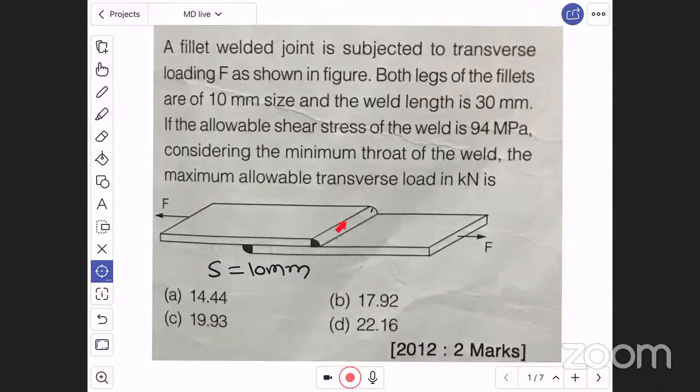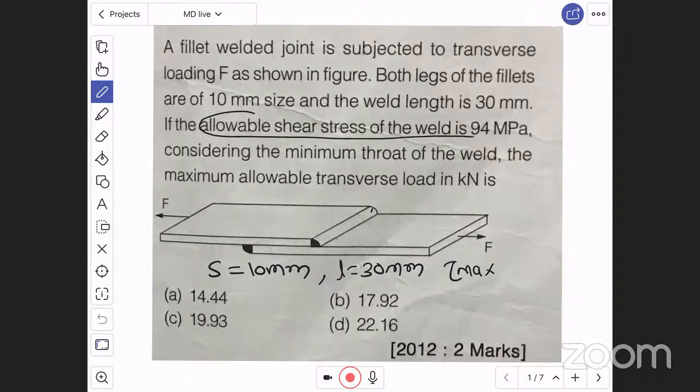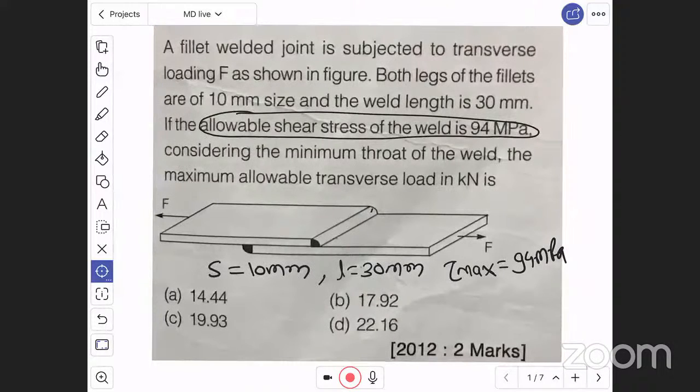Length of the weld means this plus this, so total weld length is given as 30 mm. If the allowable shear stress of the weld is 94 MPa. Allowable shear stress means maximum shear stress, which is 94 MPa, nothing but Newton per mm square.